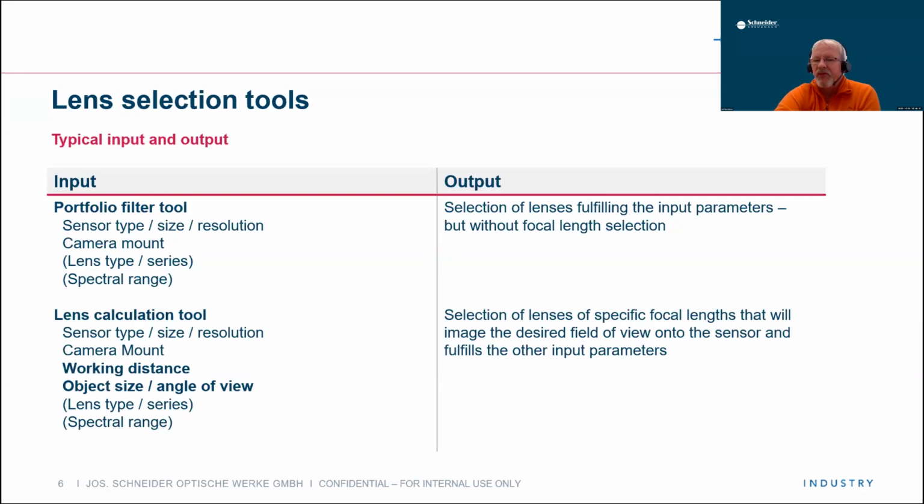And if you do this, there is some calculation behind, and a focal length is calculated which fulfills the requirements for working distance and object distance. So you can be sure that your object is imaged onto the sensor.